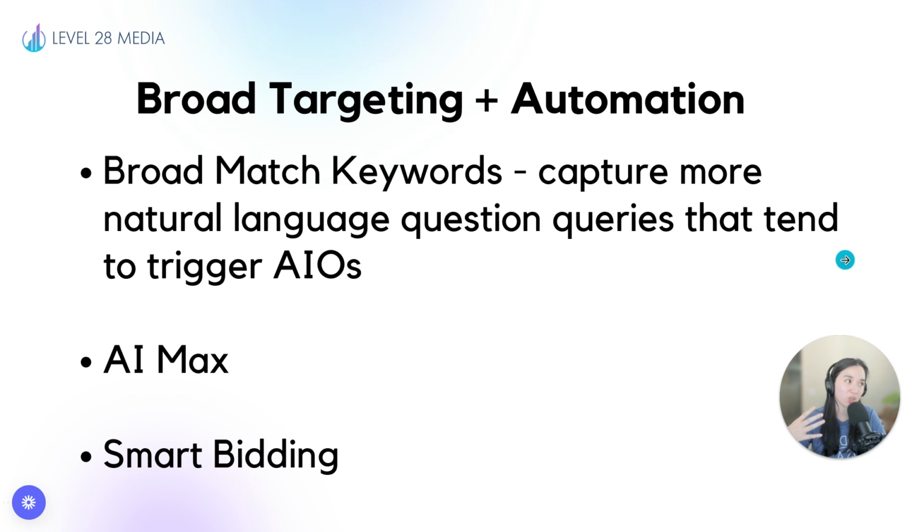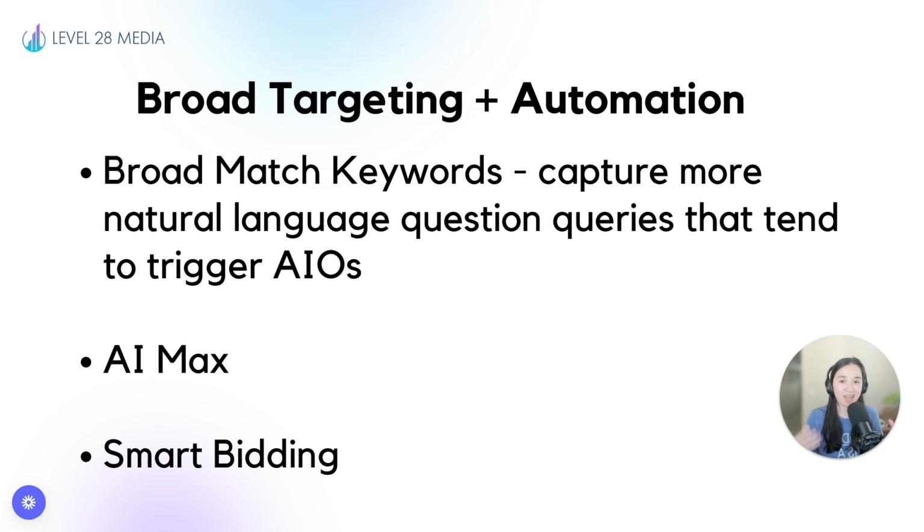I know that there has been a very strong push for broad match, AI Max, and smart bidding, but this is the future of being able to appear, because when users are typing super long, long form questions within Google, if you only have phrase or exact match, it's going to be very hard for you to appear because you're restricting Google. Versus if you have broad targeting with broad match keywords, AI Max, along with automated smart bidding, that's going to increase your chances.